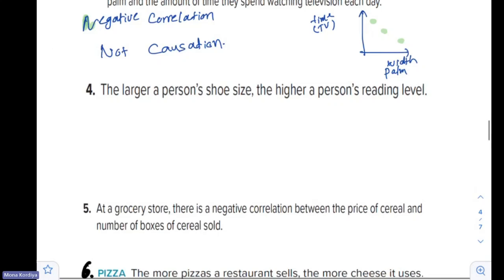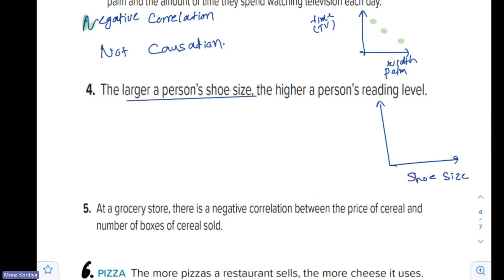Okay. The larger a person's shoe size is, the higher the person's reading level. Higher and higher, larger and larger. So it is working together: increasing, increasing, decreasing, decreasing.